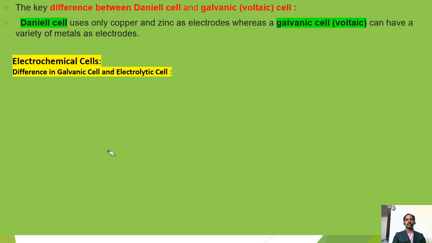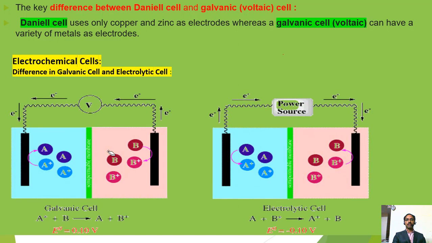Now, electrochemical cells. Difference between galvanic cell and electrolytic cells. Electrochemical cells are of two types, galvanic and electrolytic. In the galvanic, electricity is produced. In the electrolytic, electricity is consumed, so external power is required; we use an external battery.